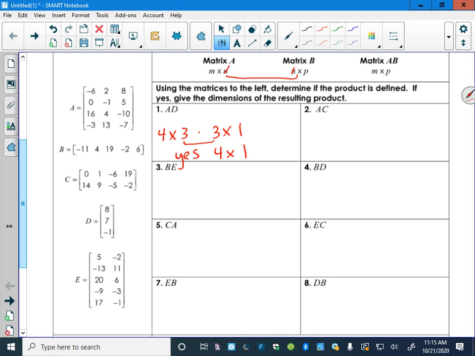Number 2, A times C. A is a 4 by 3. Let's find matrix C. There's 2 rows, 4 columns. These numbers are not the same, therefore you cannot multiply. Number 3, B times E. B is 1 row, 5 columns.